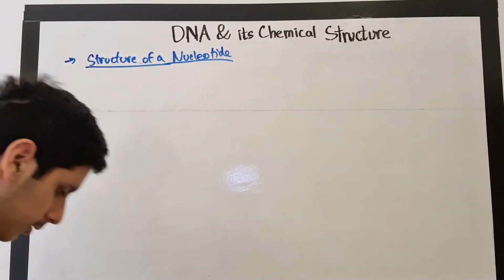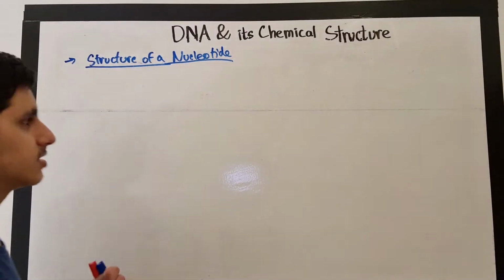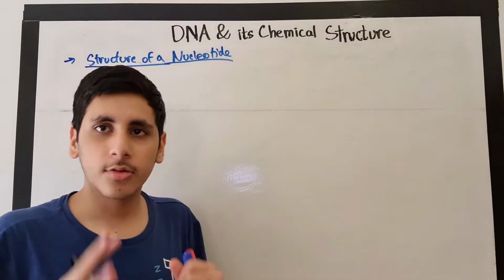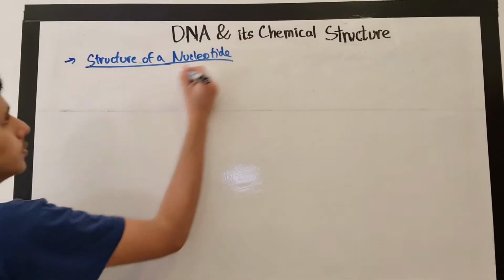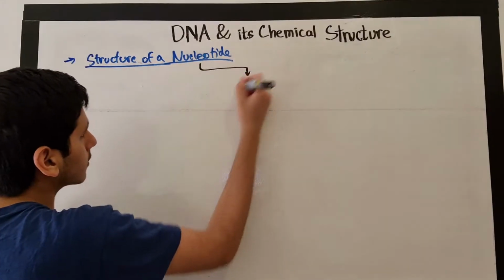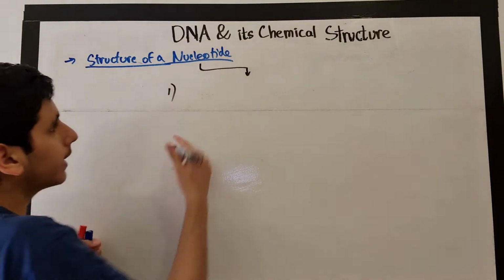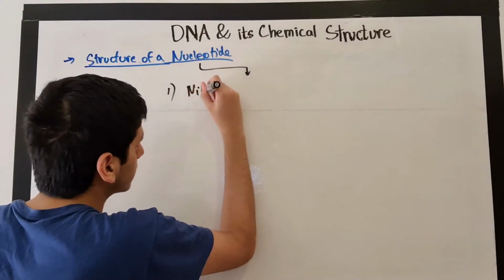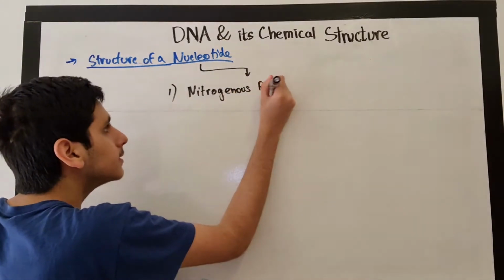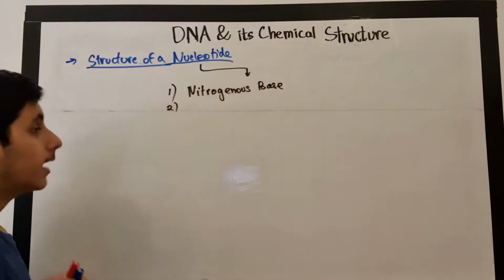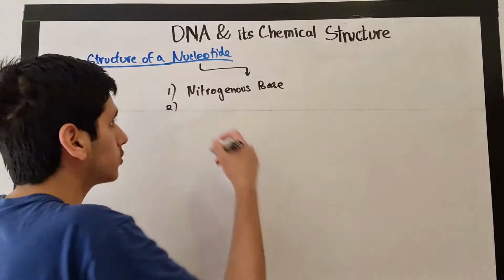Okay, so a nucleotide is essentially made up of 3 parts. First, you have a nitrogenous base. Second, you have a sugar, a pentose sugar.